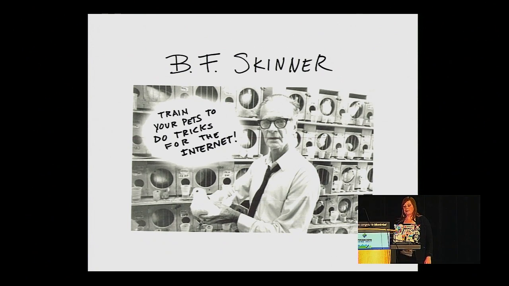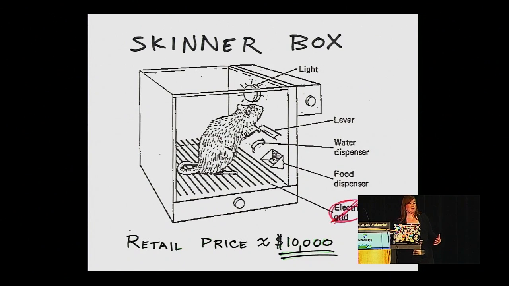So he built this thing called a Skinner box. It's also called an operant conditioning chamber. You may be familiar with this from work: it's either a light or a buzzer, and the rat is supposed to hear the light or the buzzer and respond by pushing a lever, and then it gets food.